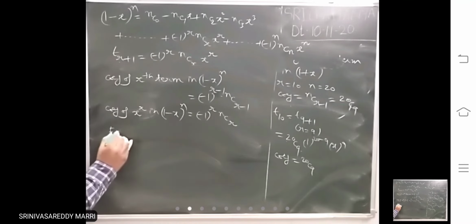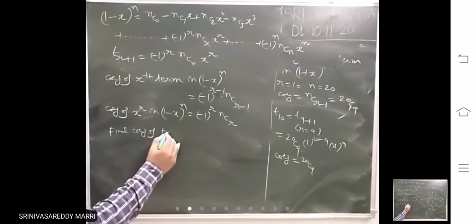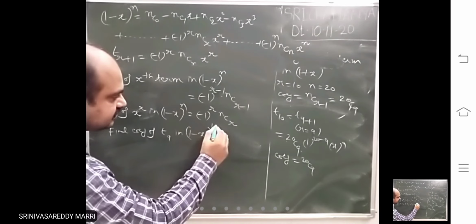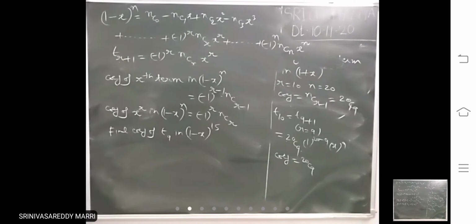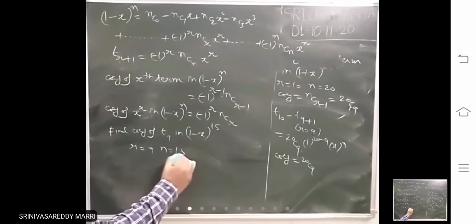Suppose find the coefficient of T9 in (1 minus x) whole power 15. Coefficient of the 9th term means r is 9, n is 15.